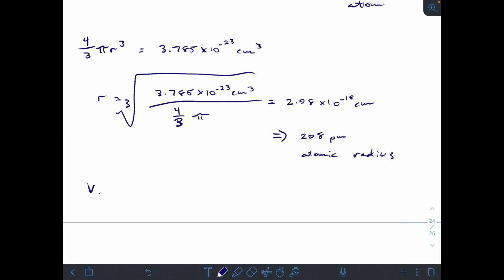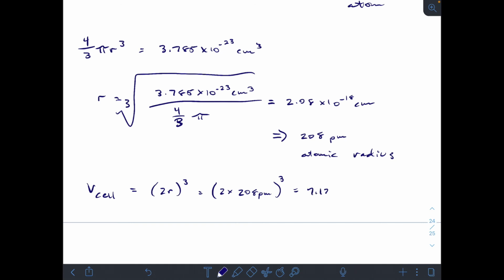So the next question was the volume of the cell. And for simple cubic it was (2r) cubed. So 2 times 208 picometers, cubed.